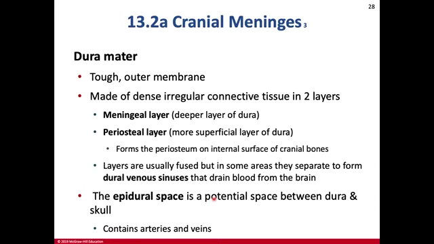Okay, and so in the brain, it is a double layered membrane, and between those two layers is the dural venous sinus, and that has a lot of blood inside it. Right. The epidural space is a space between the dura and the skull. Okay. And it can fill with blood in the event that we have a hemorrhage in that region.